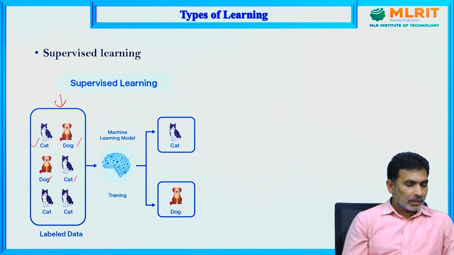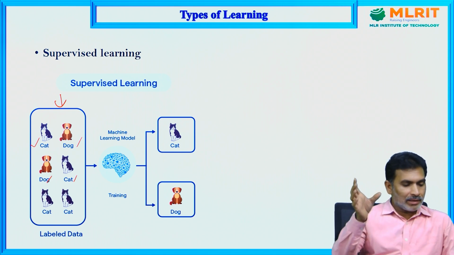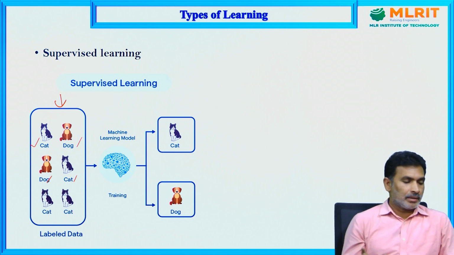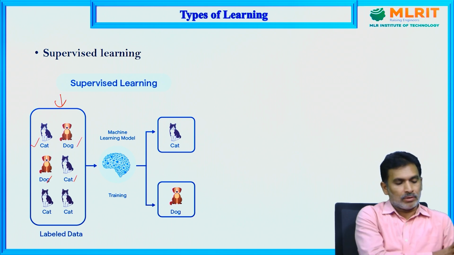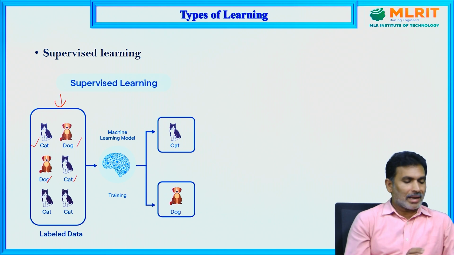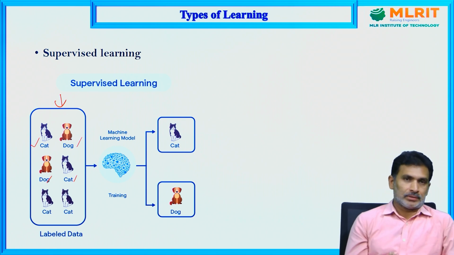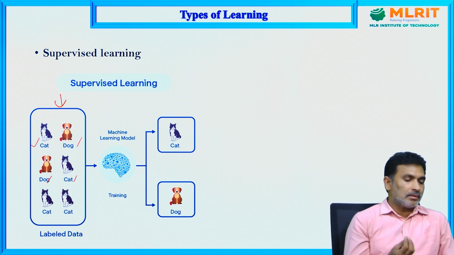So it will identify all the dog images, and it will also understand what the features are, irrespective of the structure, etc. But actually in machine learning, if it is image data, then that image data would be represented in the form of pixels, and we analyze the pixels based on the color intensity values.